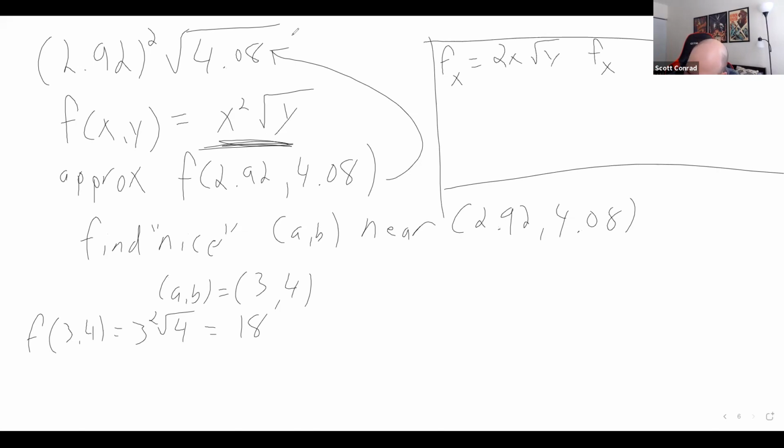Evaluating that at our point 3, 4, which we're going to need for our equation, we get 2 times 3 times square root of 4, so 6 times 2 is 12. Then our partial with respect to y, treating x as a constant: x squared times square root y becomes x squared over 2 root y. Evaluating at the point 3, 4, we get 9 over 2 times square root 4, so 9 over 4.